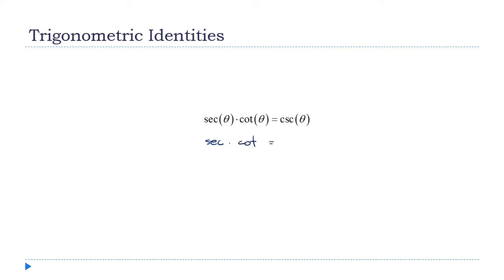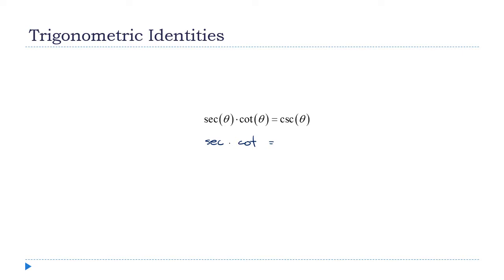You notice I'm not writing the theta. We know it's theta. Because we know what the variable is, in the interest of minimizing clutter, I'm not going to write it over and over again. The only time we really need to be particular is maybe when we're doing something with two variables, which doesn't happen real often yet. So this is going to make our life a little easier.